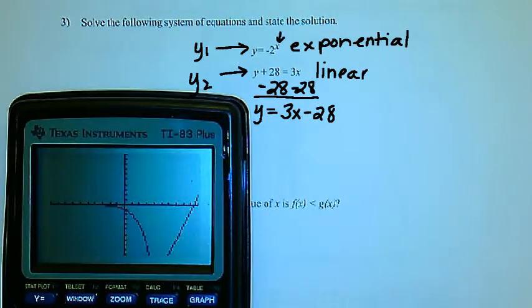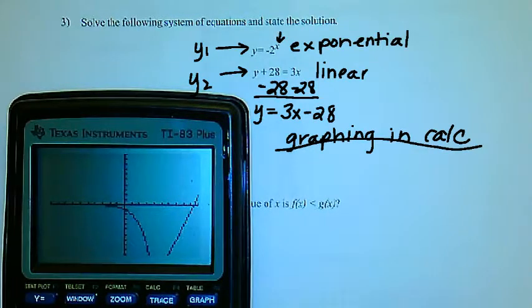Okay, so now the big thing about this is we don't see where it intersects. Now I don't need to trace it, so again I'm just going to write down the steps. Okay, so graphing in calc.